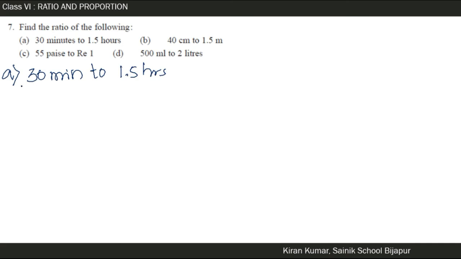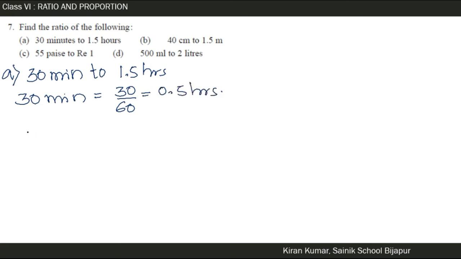So we need to either convert minutes in terms of hours, or hours in terms of minutes. I prefer doing it in hours. So 30 minutes, I'll convert in terms of hours. So 30 upon 60 will become hours, which is 0.5.